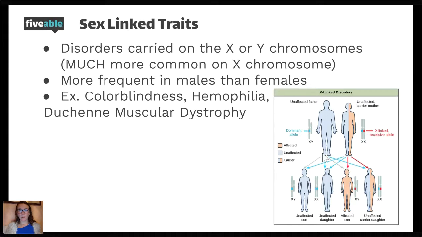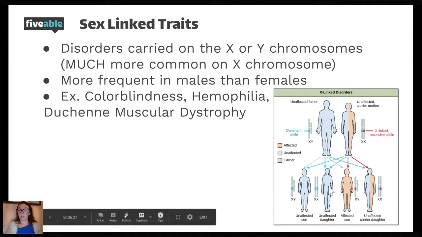So right off the bat, we know that the daughters are not going to be colorblind because they have the dominant allele from dad. Okay, then one girl gets the dominant X from mom, and one gets the recessive X from mom, and therefore she's a carrier just like her mom. For the sons, it's a different story. The sons get the Y from dad, which is why they're sons.